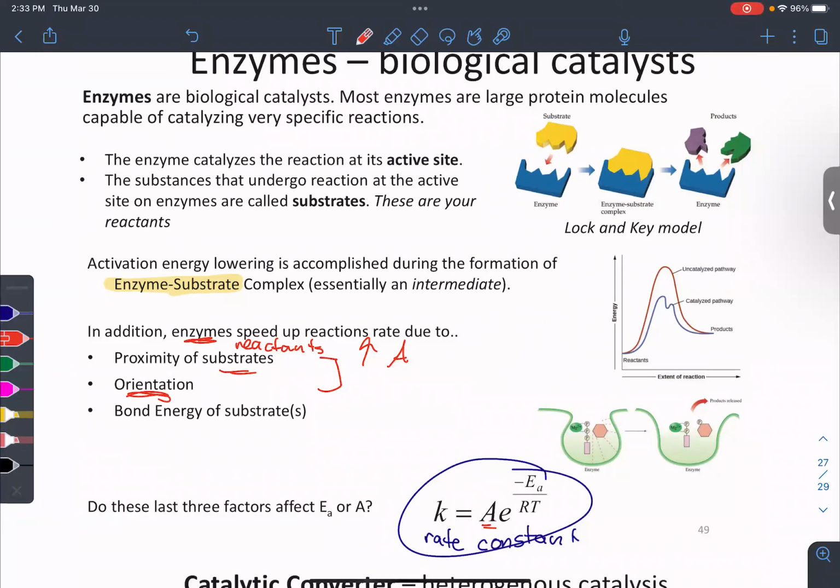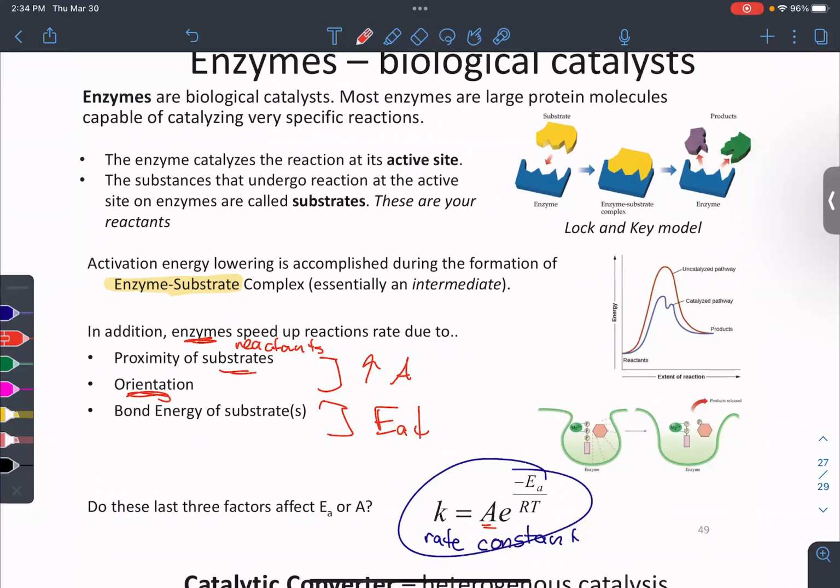So for these first two, the reaction rate increases because the frequency factor increases. This last one increases the reaction rate not because of the frequency factor, but because it lowers the activation energy of the reaction. The enzyme pre-weakens the bonds of the substrate, so it's easier to get to products.